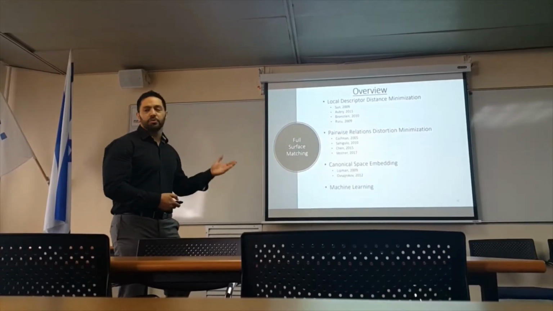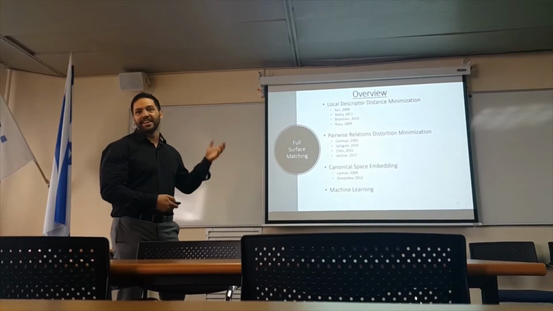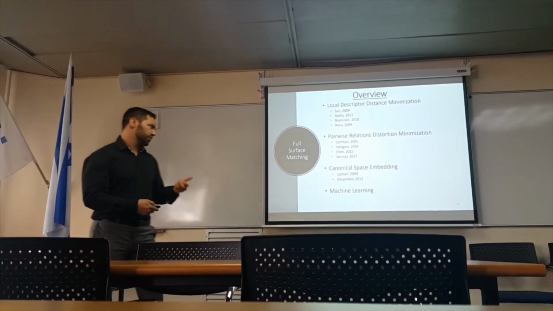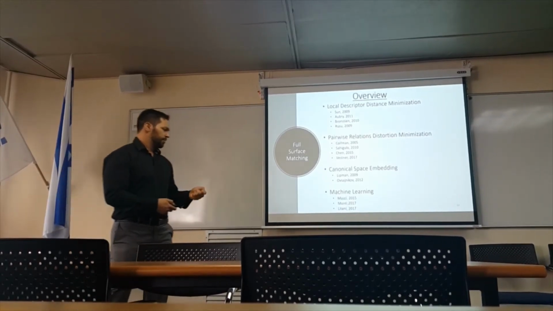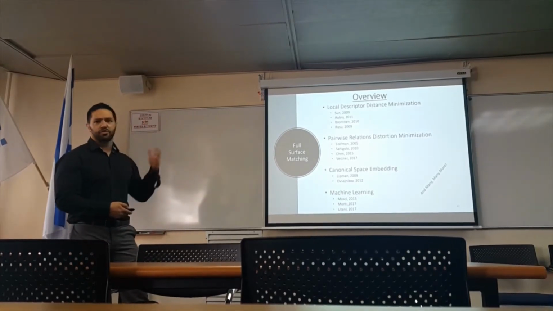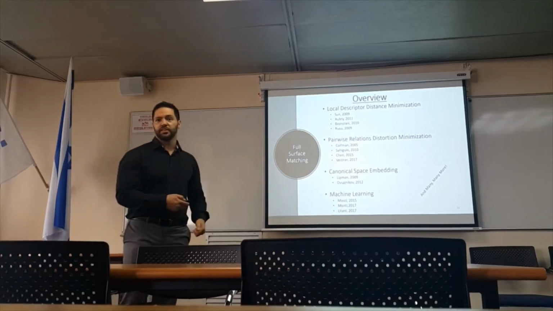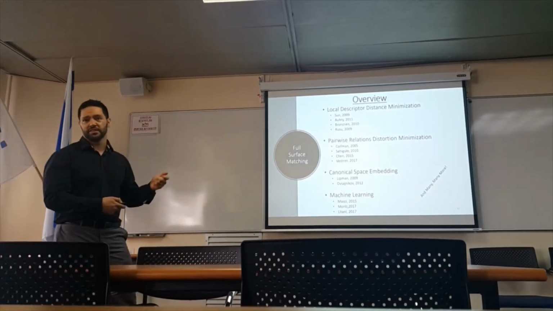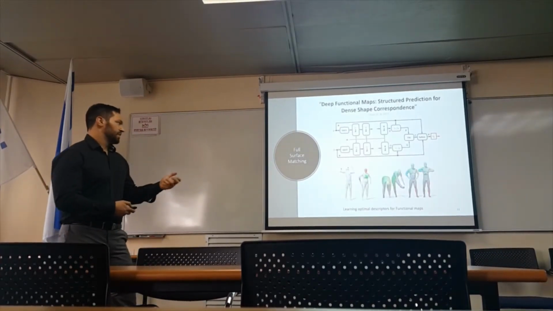And finally, like almost everything in the field these days, machine learning architectures have been employed. The best one is from 2017 by Ori Litani from computer science in the Technion. I think he is Kimmel's or Bronstein's student. Let's see what he had done.